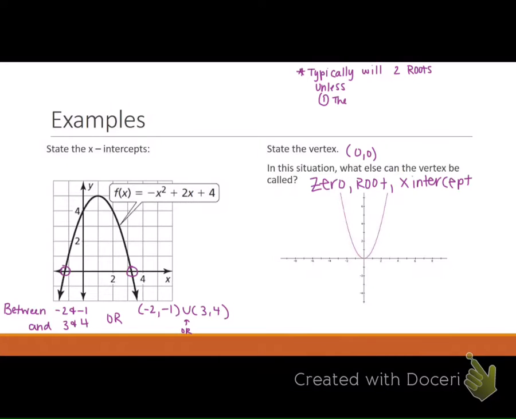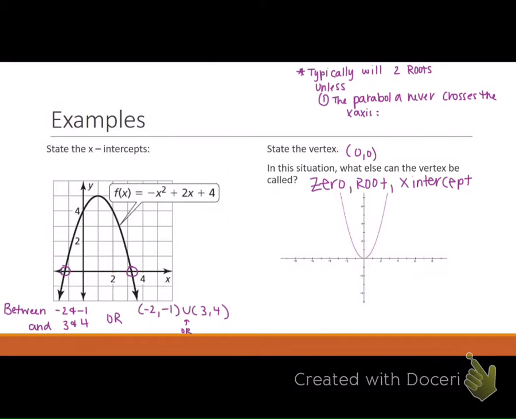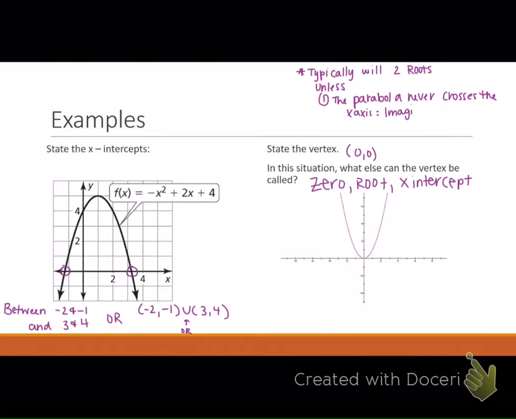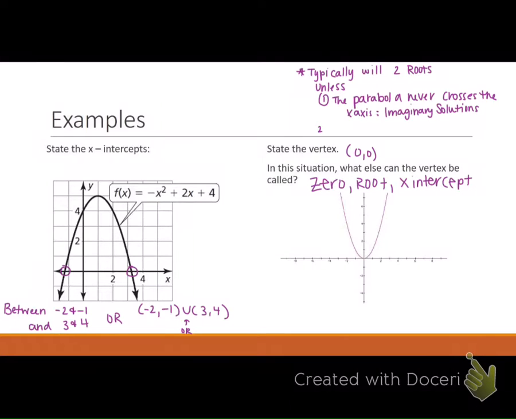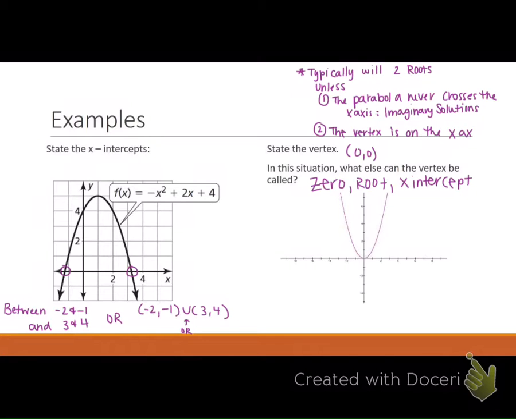The parabola never crosses the x-axis, and that means there's imaginary solutions, or no real roots. Or the vertex is on the x-intercept, or is on the x. Then you only have one root.